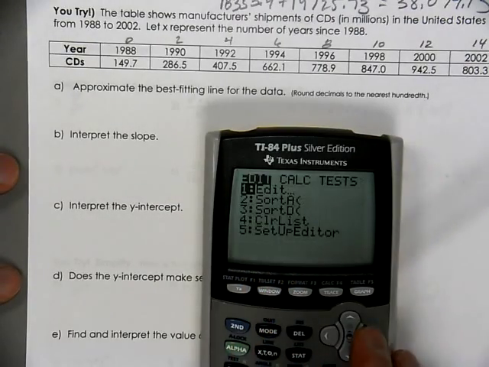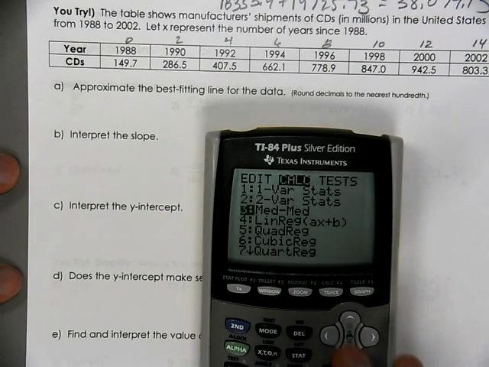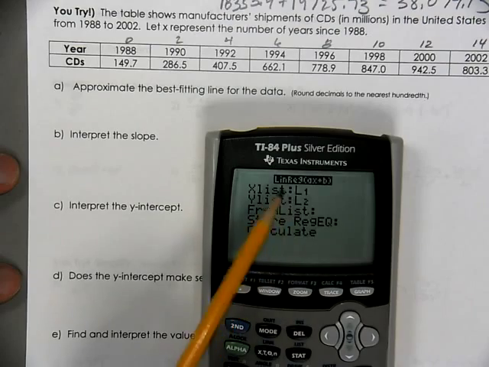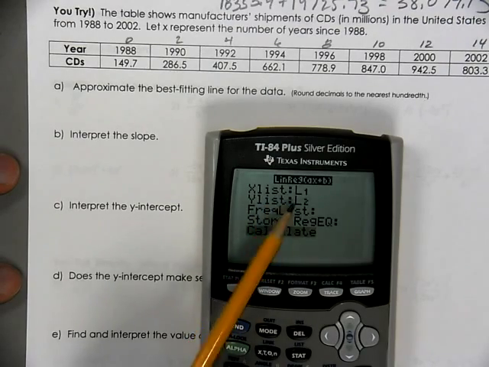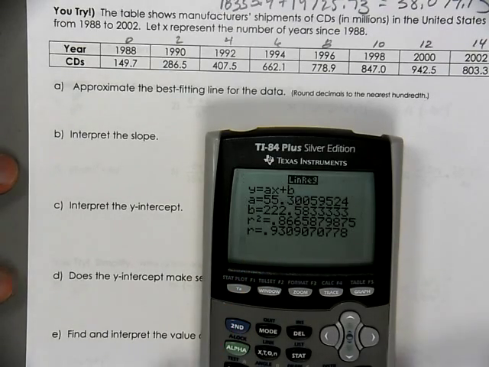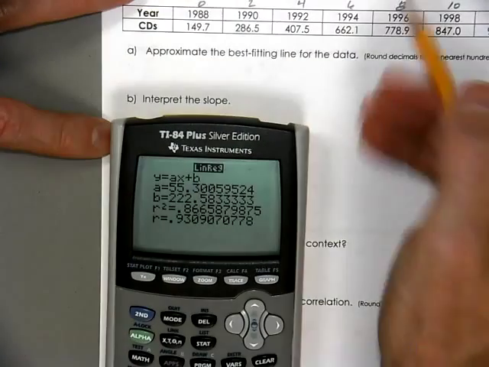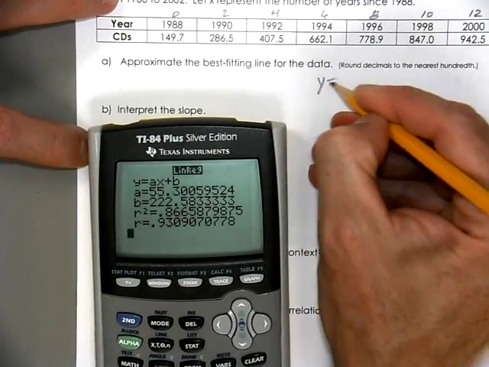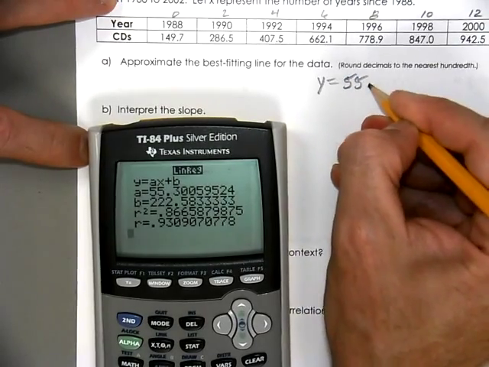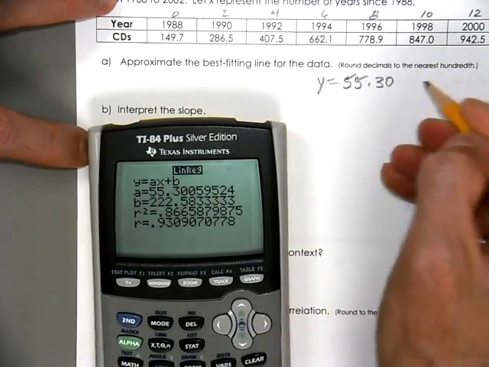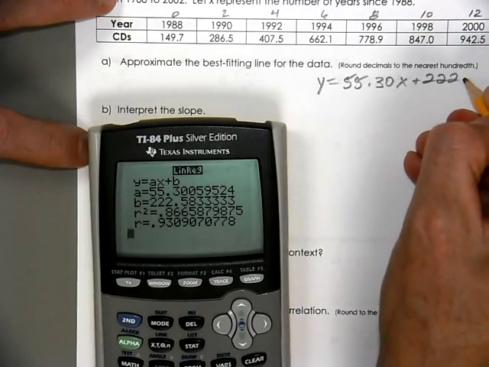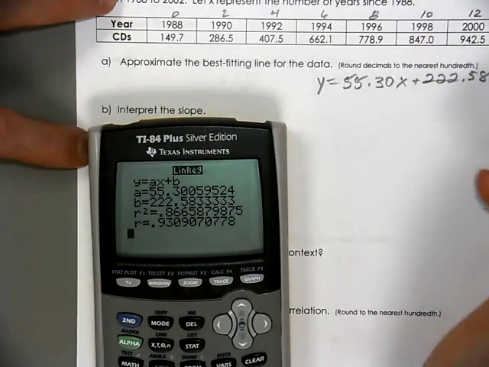So for our best line, we'll go over to Calc, down to linear regression. That's the values we put into list 1 and list 2. So our equation is going to be y equals 55.30x plus 222.58.